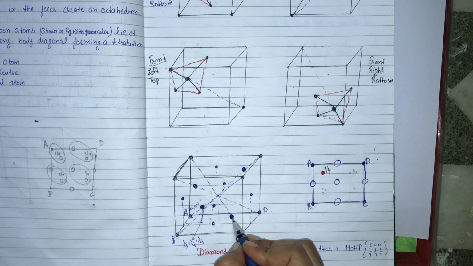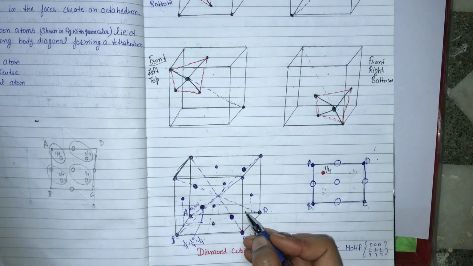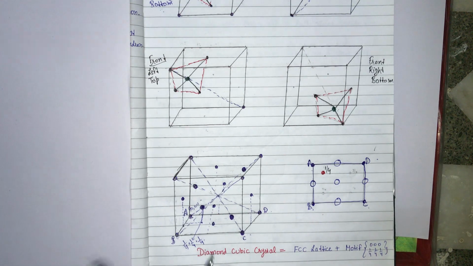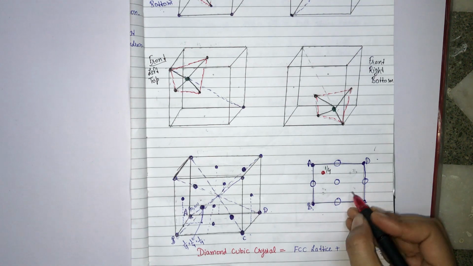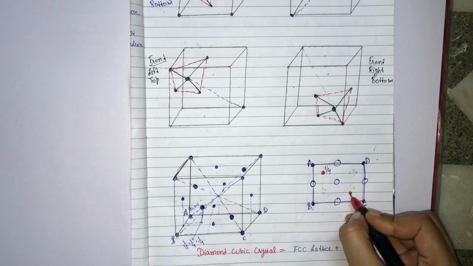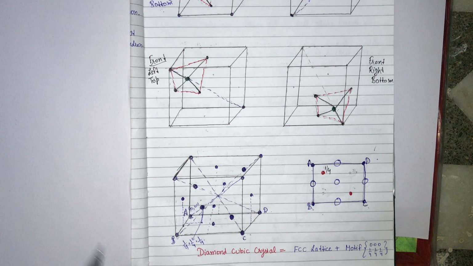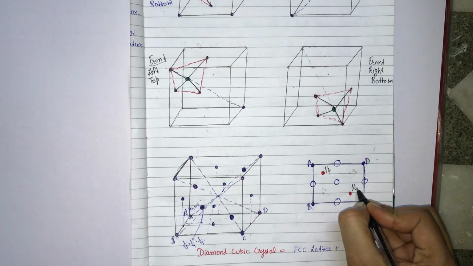This is at the 1/4 of the body diagonal, means at 1/4 along X, 1/4 along Y and 1/4 along Z. So this will lead to the location of a carbon atom at this point. So this is the 1/4 position.